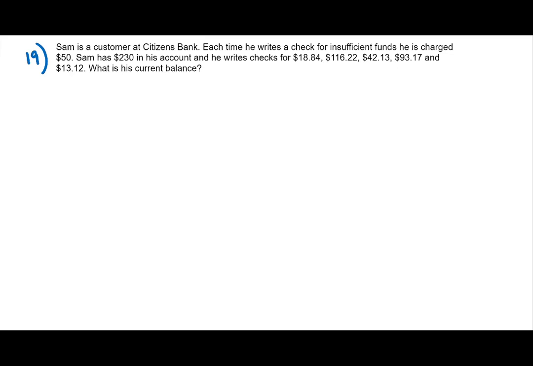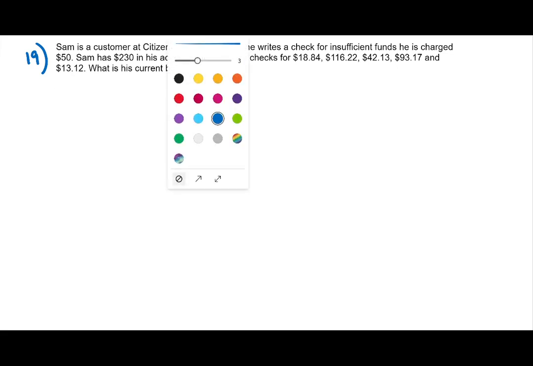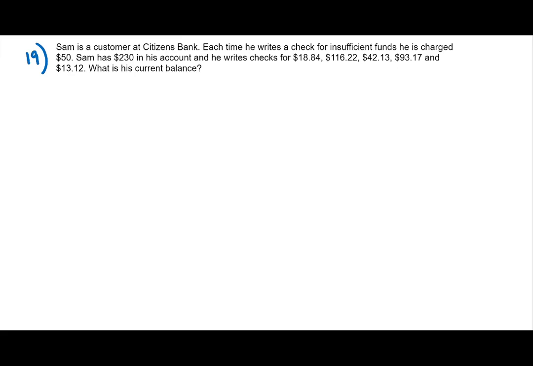So what's happening when he's writing a check? Well, he's got some money in his account. So let's say there's a starting balance. So in this problem, he's starting with $230. Right?